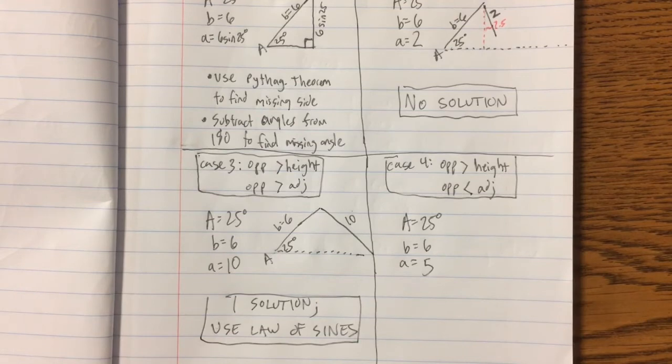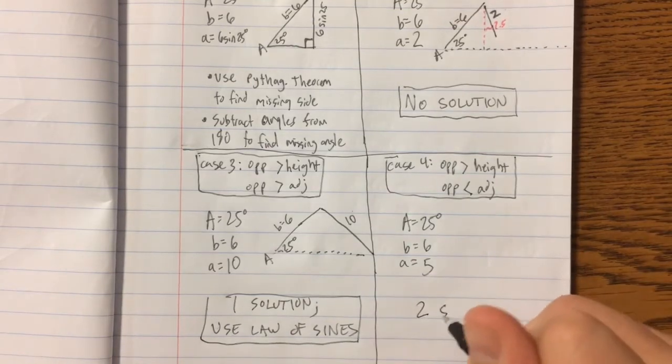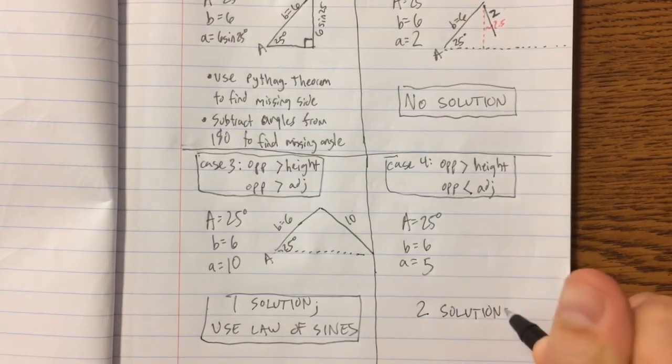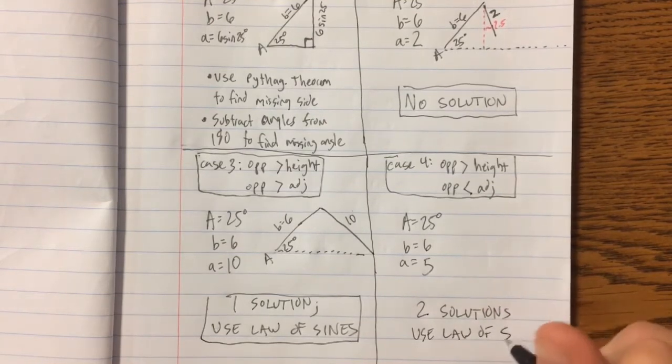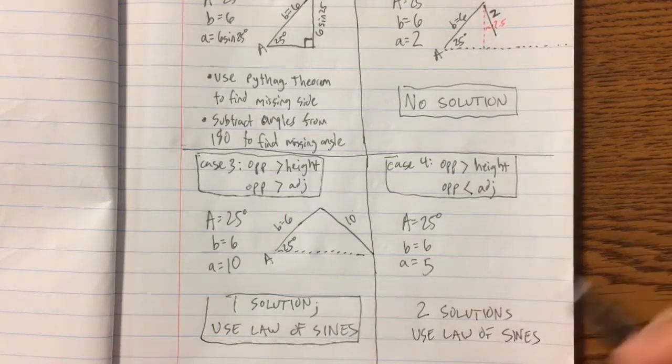The first solution will be pretty easy; you just use law of sines. But to get the second one, you will use law of sines, but there's something else you have to do. So in this case, there will be 2 solutions, and I'll show you an example of how this will all play out.